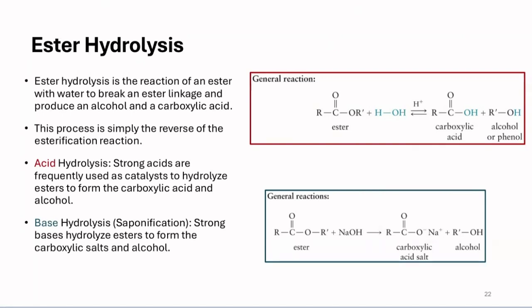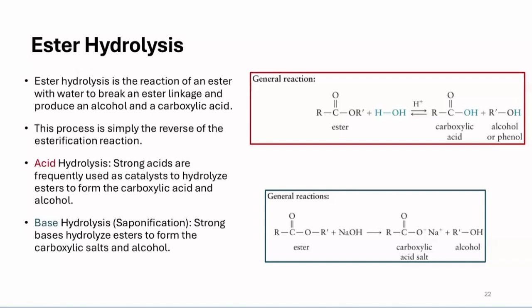Base hydrolysis of an ester is a reaction that has a name. It is called saponification. In saponification, we are going to take our ester and react it with aqueous, strong bases, and it could be sodium hydroxide or potassium hydroxide.